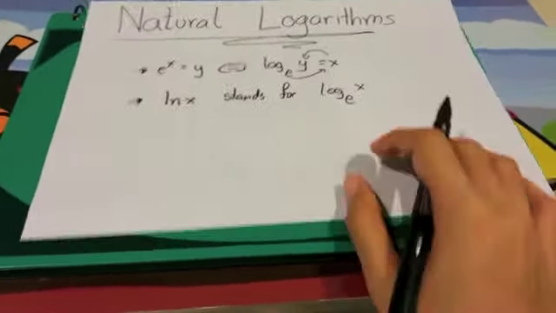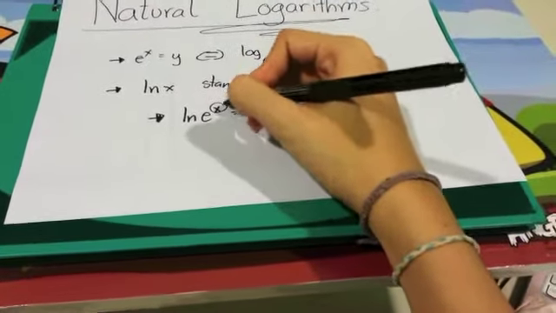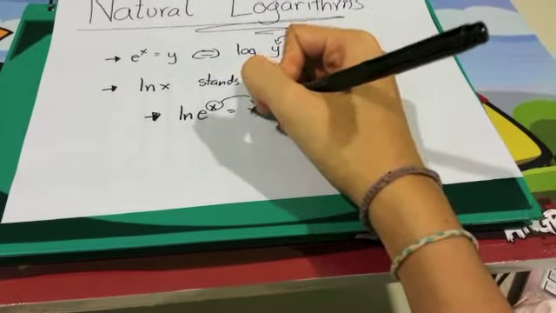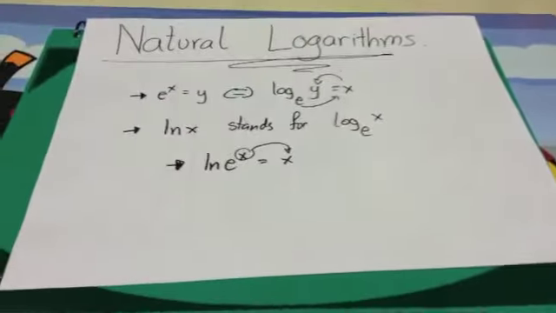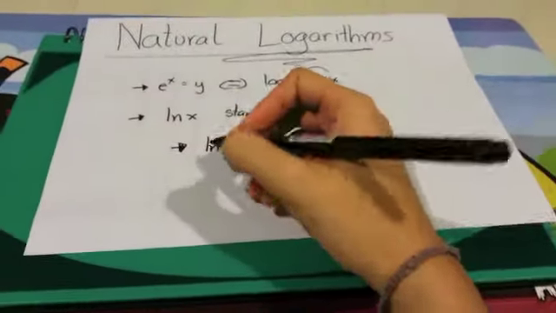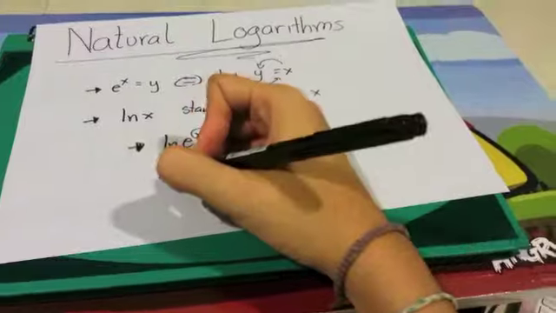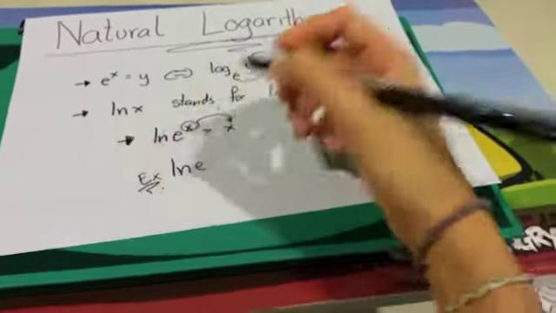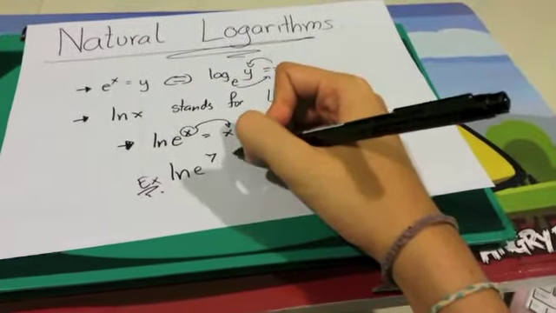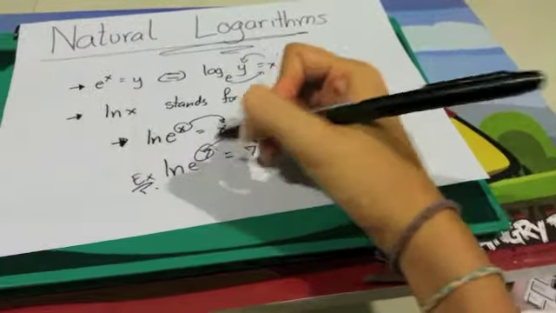So in this, it could be ln e to the power of x, which the answer is going to be x. Bring that there, x. The example for this could be, for example, ln e to the power of 7 is equal to 7, because you bring 7 there.